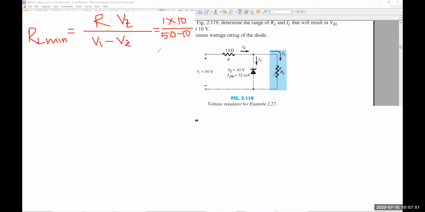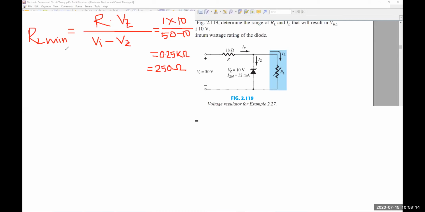So your value is actually 0.25 kilo ohm, or we can call it 250 ohm. Okay, that is the minimum value.